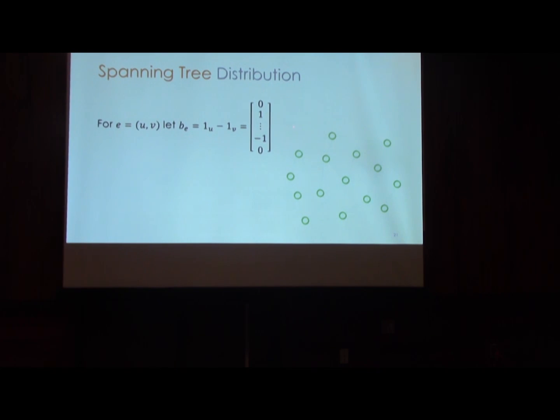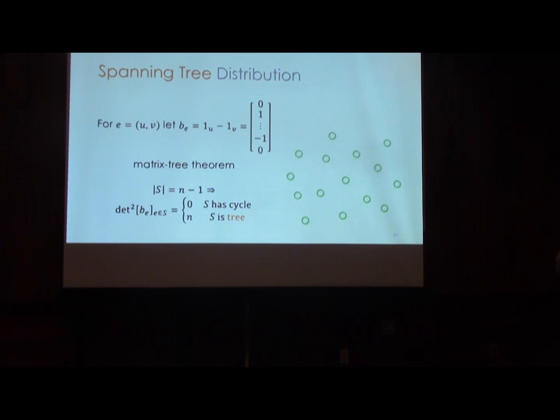And in those entries, it's 1 and -1. Right? Then this so-called matrix tree theorem basically asserts that if you take a subset of size n-1 of these vectors, their determinant is either going to be 0 or n, depending on whether that subset is a tree or not.